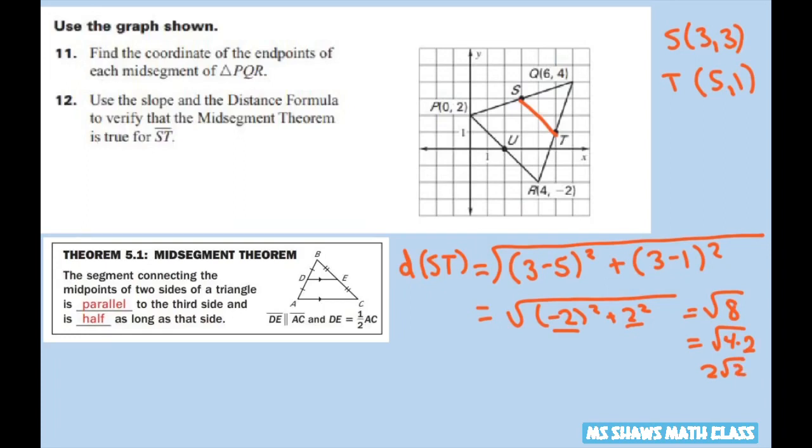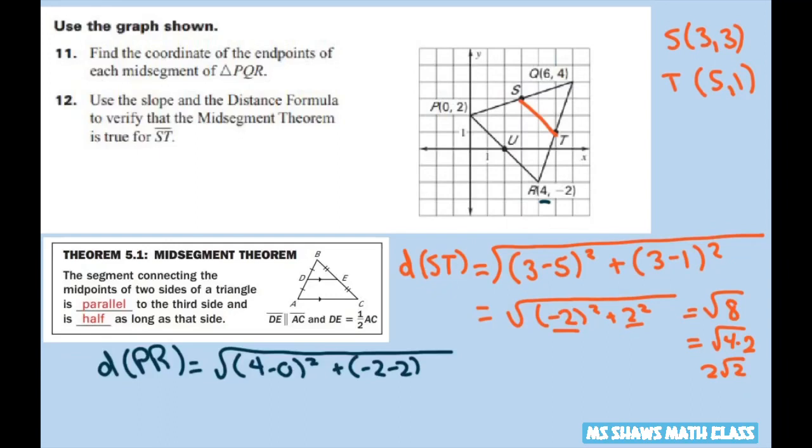Now let's do the distance of PR. So distance of PR equals, and let's do our x's, I'll start with this one. So that's going to be 4 minus 0 squared plus negative 2 minus 2 squared.